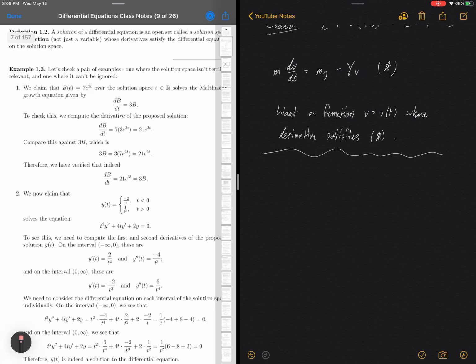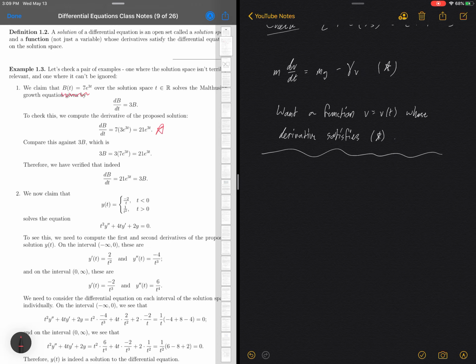I just need to make sure that if I differentiate this function, if I differentiate 7 times e to the 3t, then that needs to be equal to 3 times the original function. So 3 times 7 times e to the 3t. And we can check very quickly. The derivative of 7 times e to the 3t, well, I just pull down a factor of 3 from the chain rule.